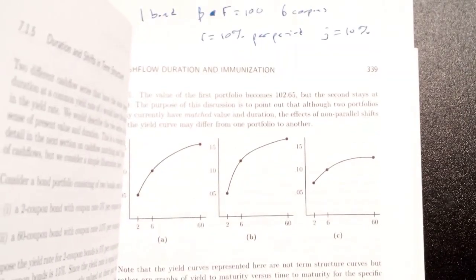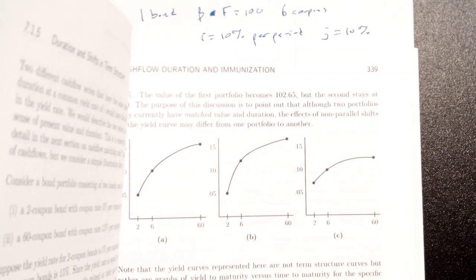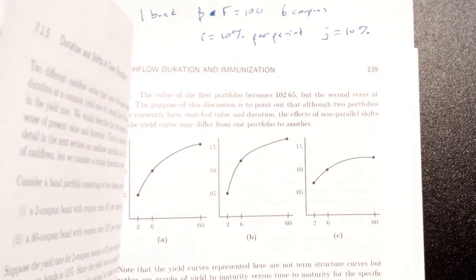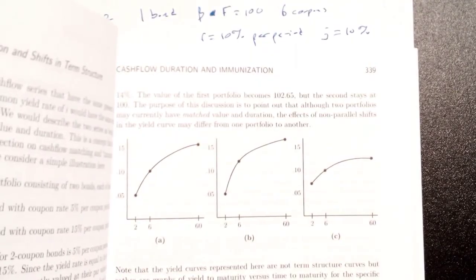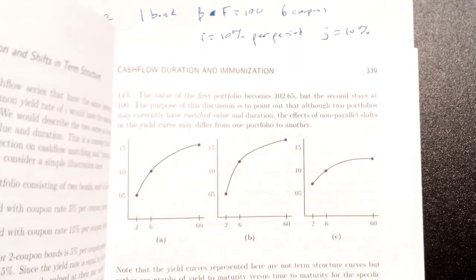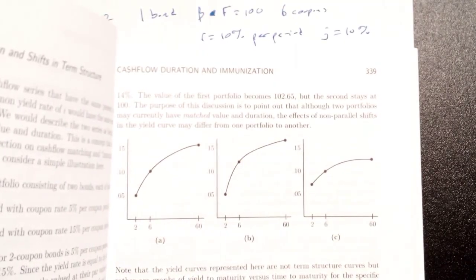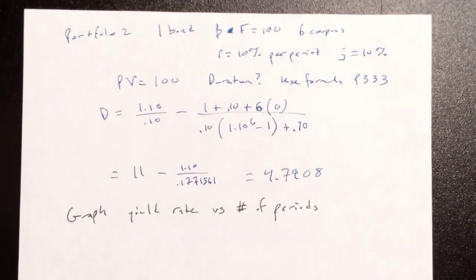So if rates change uniformly, what if all of these rates went up the same amount or down the same amount?